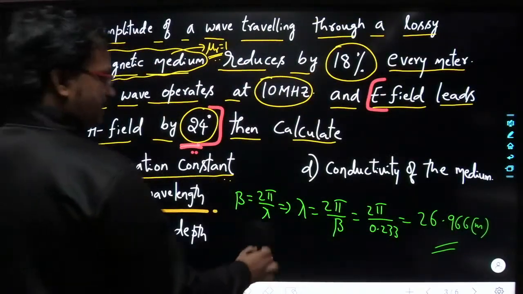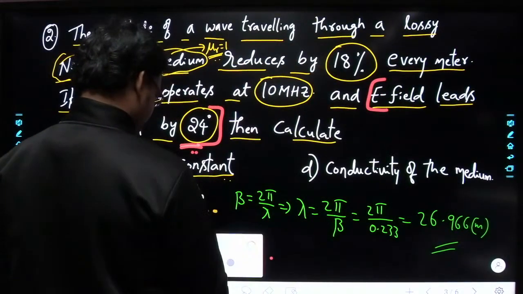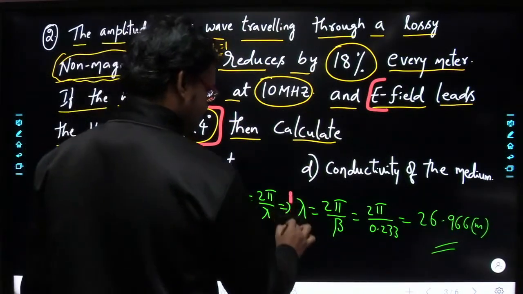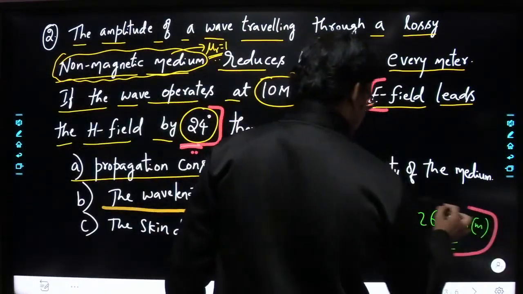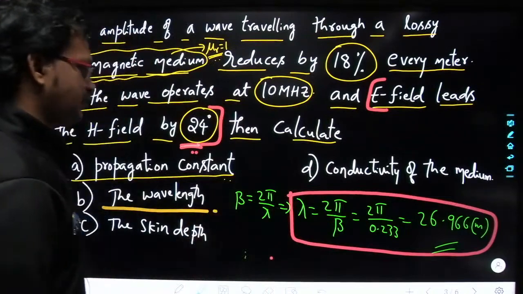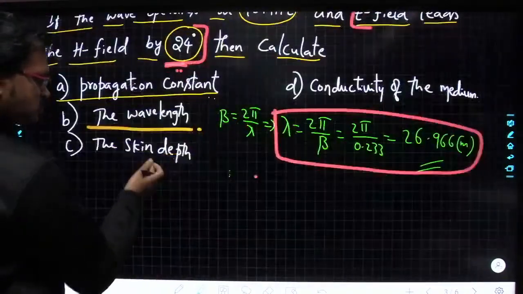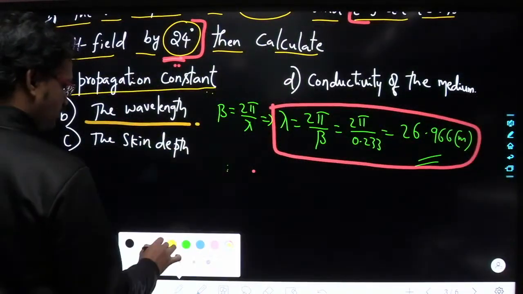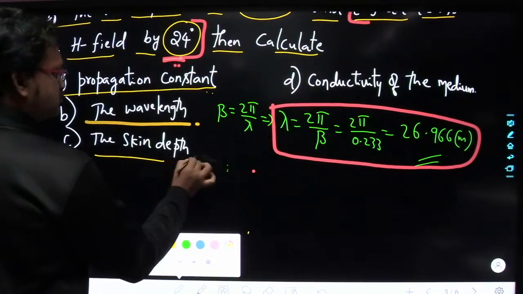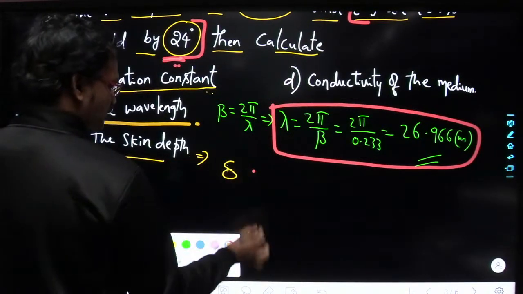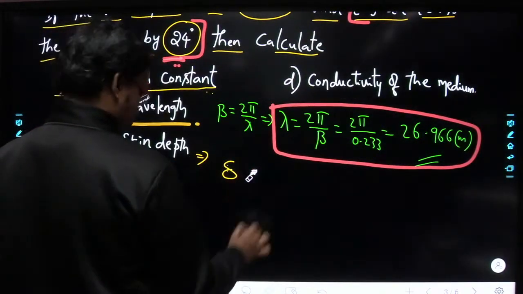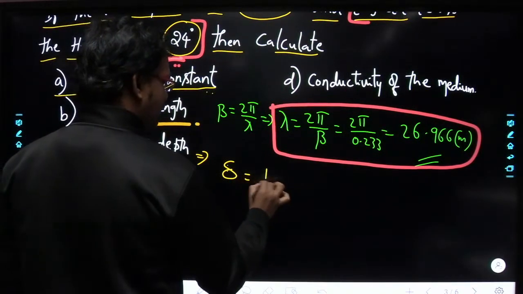So this is wavelength. Next, skin depth. We know the alpha value, so we can easily determine skin depth. Skin depth delta is equal to 1 divided by alpha.